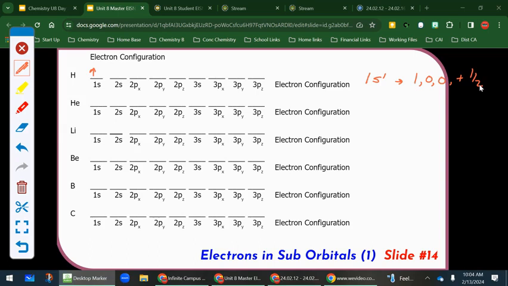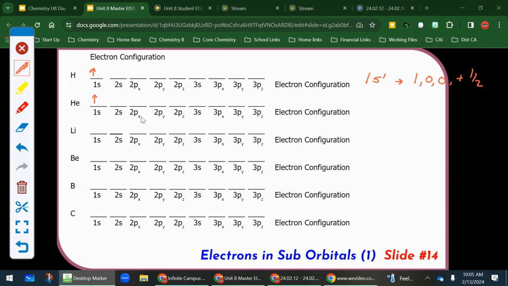How many electrons does helium have? 2. Where's the first one go? 1s. Where's the second one go? 2s? No, wait. Too high energy. Where does the next electron go?